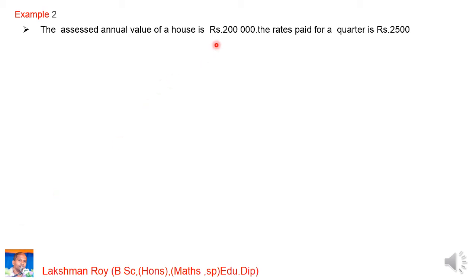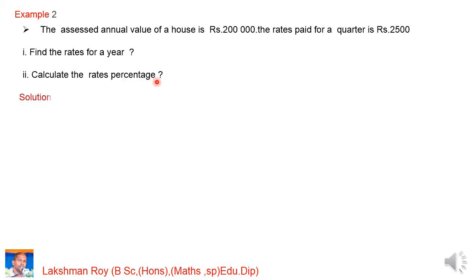So the assessed value is given and the rate tax is also given. So see what we want to find. Roman number 1: find the rates for a year. And 2: calculate the rate percentage. So that is what we want to find.